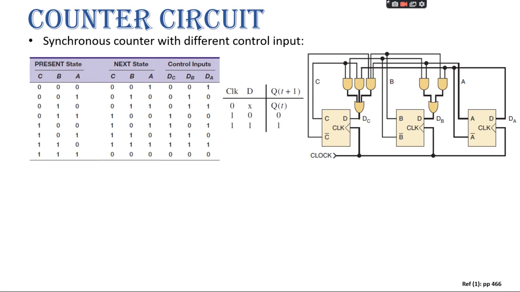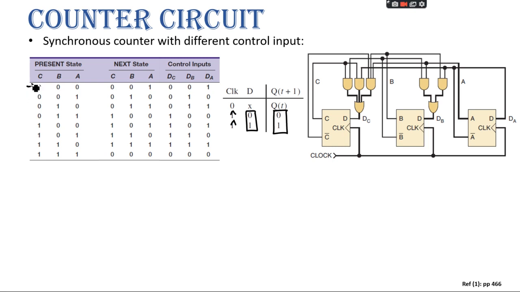here it is said that you need to design this type of counter using a D flip-flop. So what is the truth table for D flip-flop? Whenever you have positive edge or negative edge, and whatever you put as an input, you will get the output, right? Yes, sir.